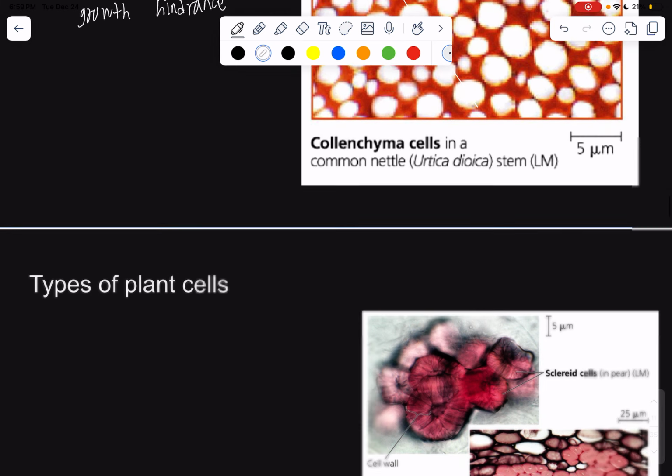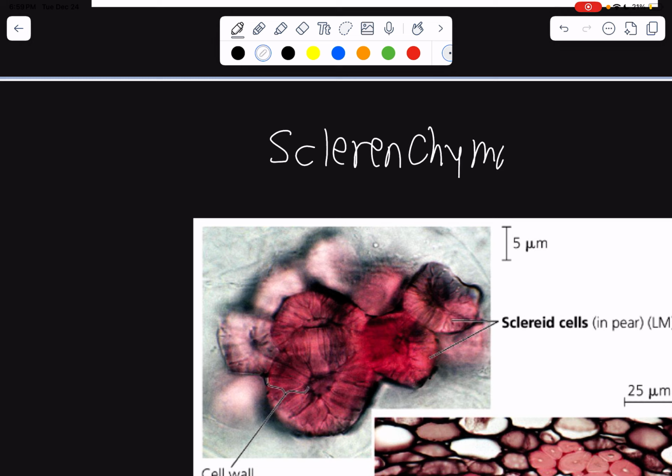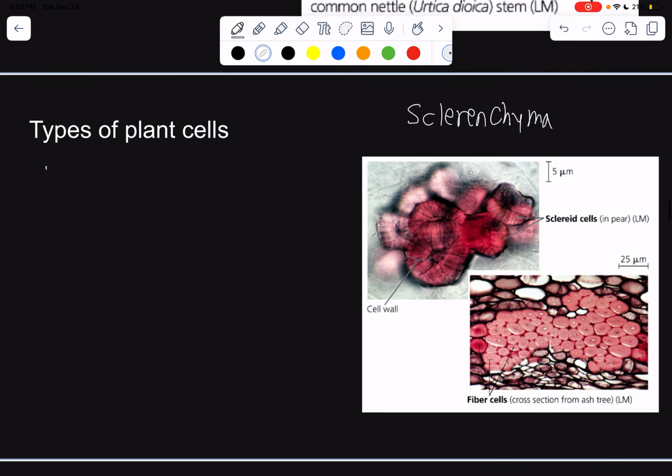Now, sclerenchyma, I'll write the name again since it's not here. Sclerenchyma cells also function as supporting elements in the plant, but they're much more rigid, so that's the first thing. And in sclerenchyma cells, the secondary cell wall is thick and contains large amounts of lignin.